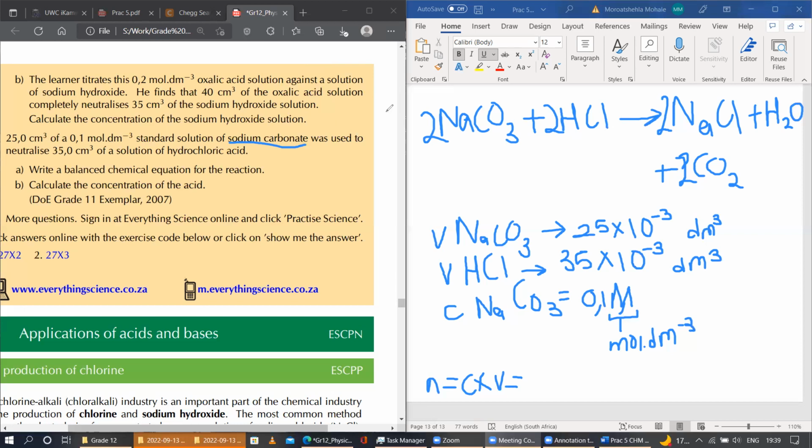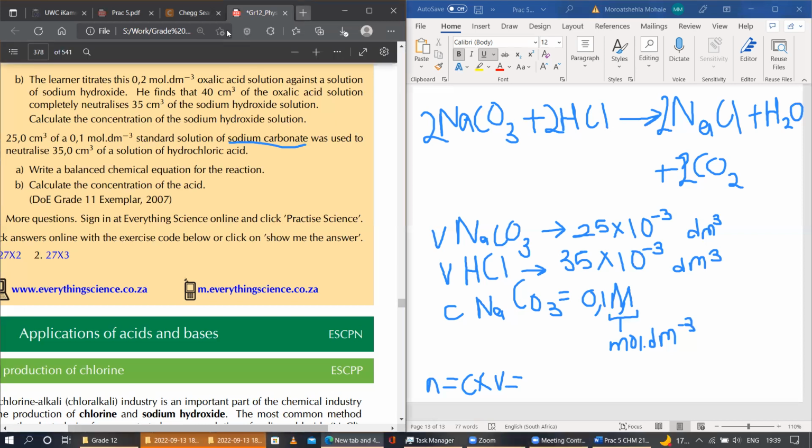So basically, I just realized that the equation is not balanced.